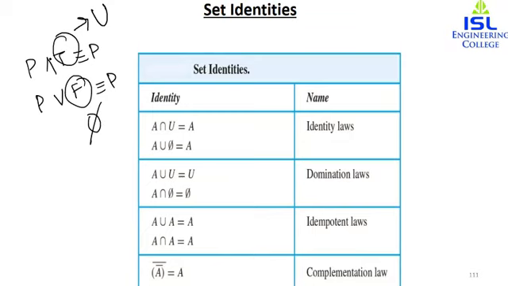And is similar to intersection, and or is similar to union. If you notice, the identity law is A intersection universal set is equivalent to A, and A union empty set is also equivalent to A. So let's see an example.